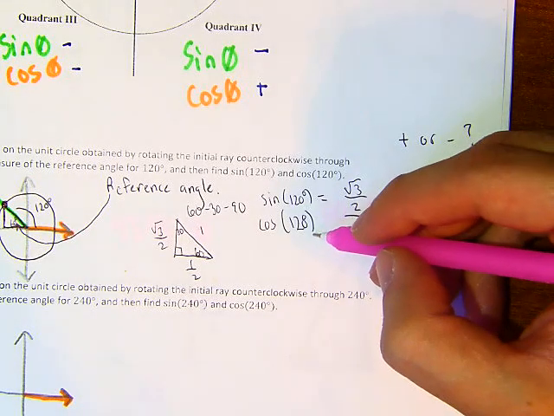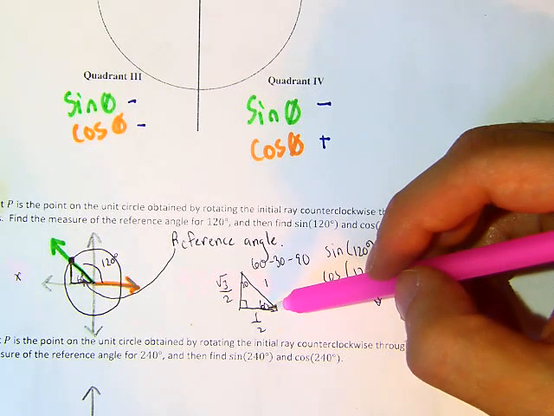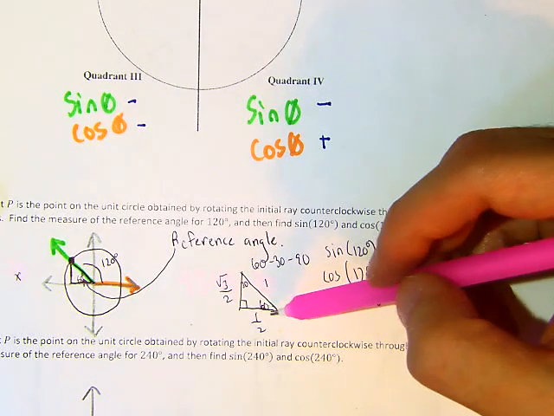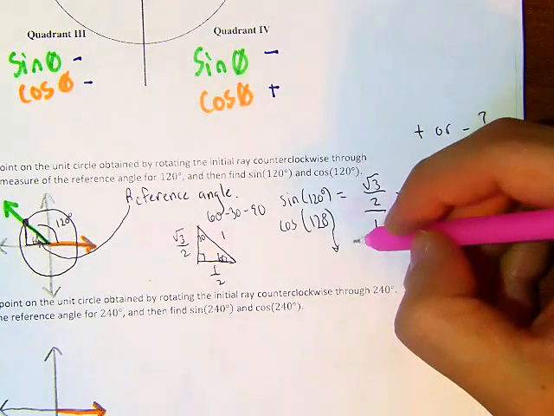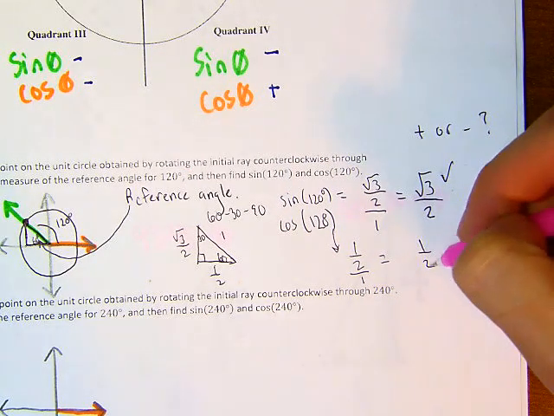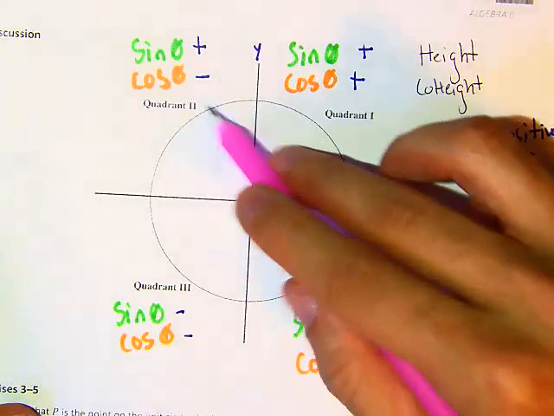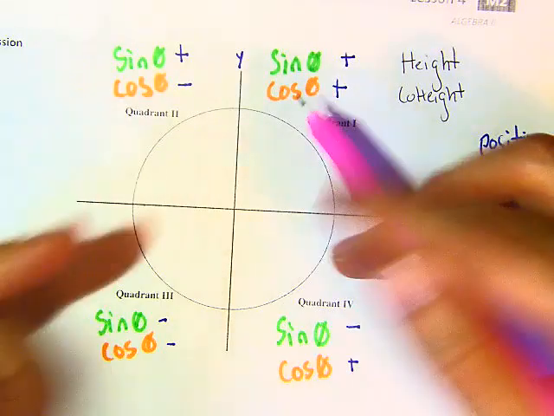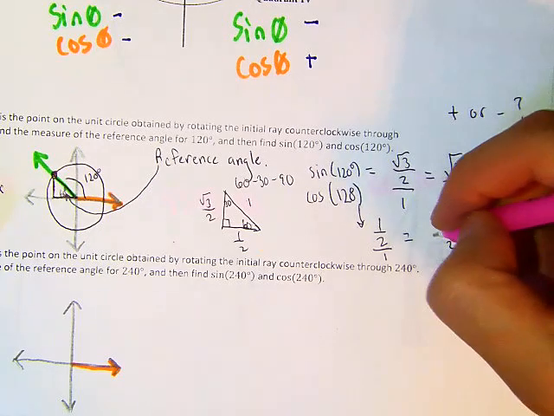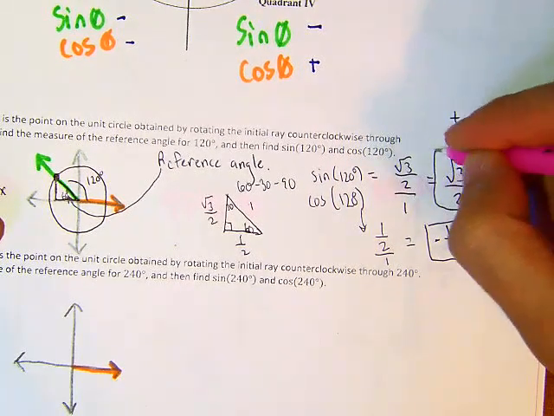Well, let's look at cosine of 120 degrees. If this is the 60, it should be adjacent over hypotenuse. So it should be a half divided by 1, and that's equal to a half. But the thing is, our cosine theta should be negative because it's in this quadrant. Remember, you're on the left of the x-axis. So this will be negative, okay? And that's it. That's all you need to do.